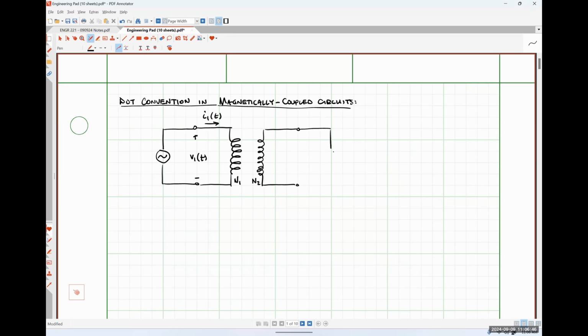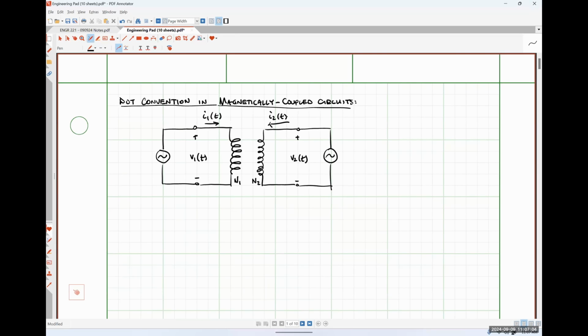It is also excited. And the voltage drop across our second coil is V2, and the current flowing into our second coil is I2.